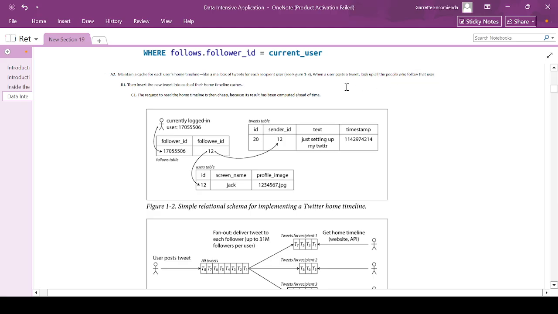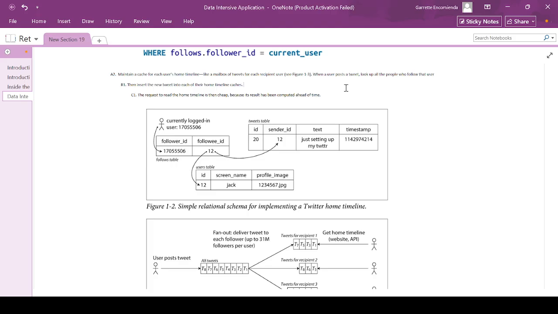Instead of the reader having the burden of looking up the tweets, the poster, the influencer who tweeted, writes it into the cache in advance, so that when the user requests it, it is nearer to them.